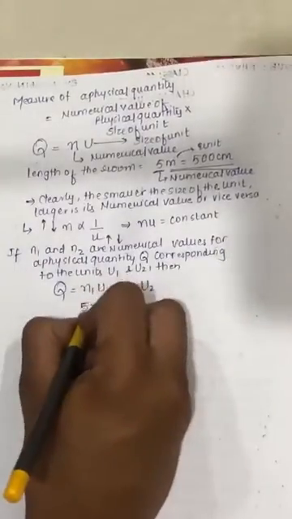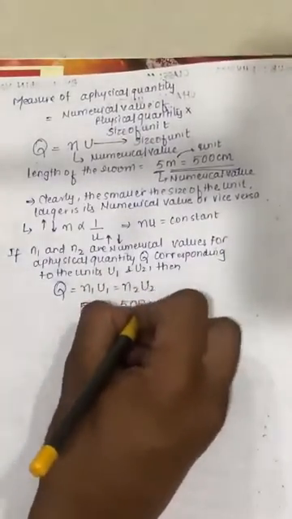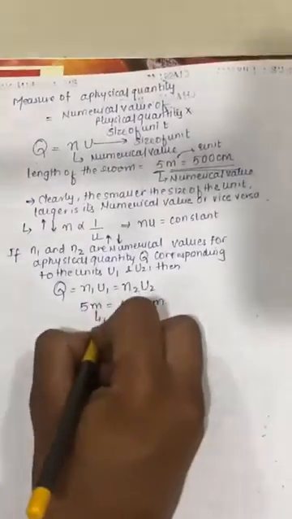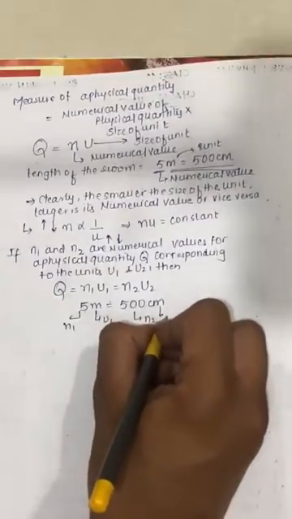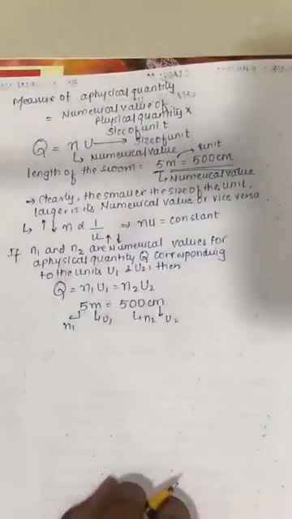That is the same example: 5 meter is equal to 500 centimeter. This is your n1 and u1, and this is your n2 and u2.